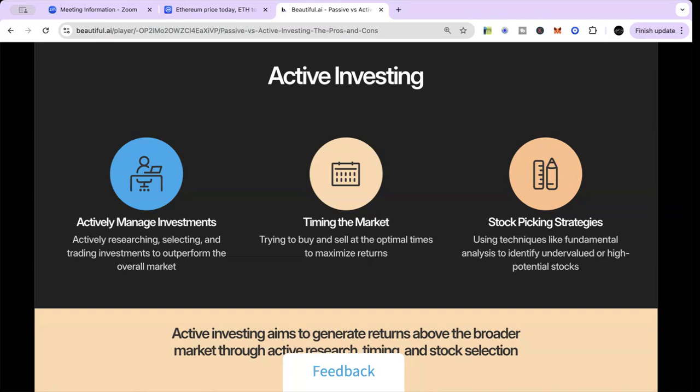And then they use techniques like fundamental analysis. Fundamental analysis is just a fancy term for trying to look at why this company is performing the way it's performing. Okay, it's making $100 million this quarter. Okay, it's going to make 300 million the next quarter. Oh, that's a 200% increase in revenue. Oh, this might be a company that we need to look at.